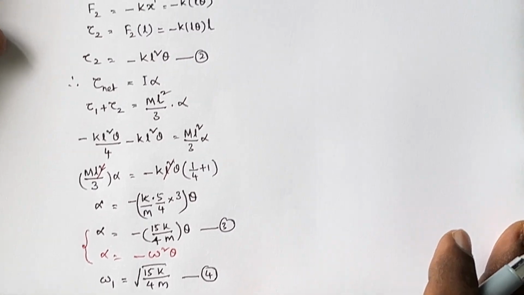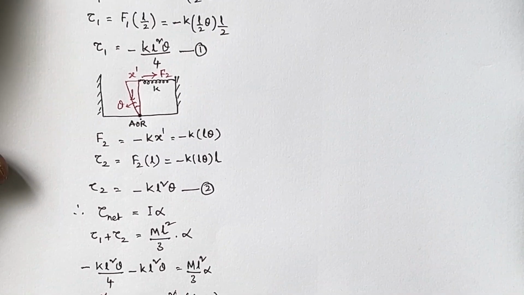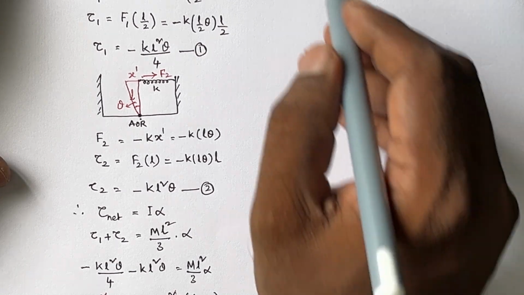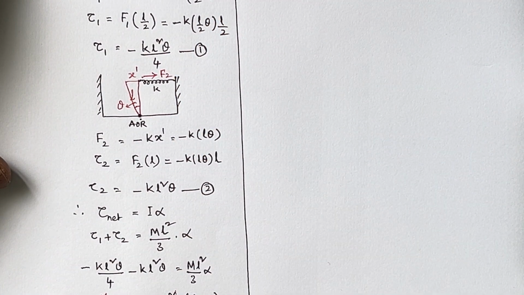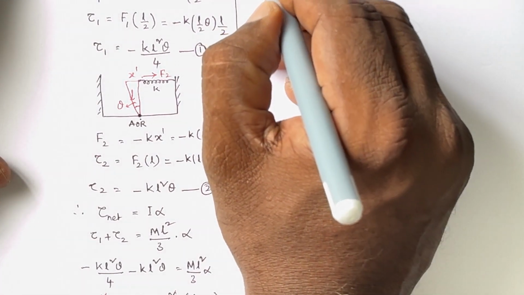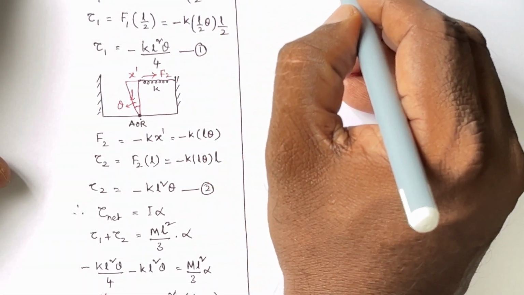Now let us go for the second one. Second diagram is like this. I will draw a line here.